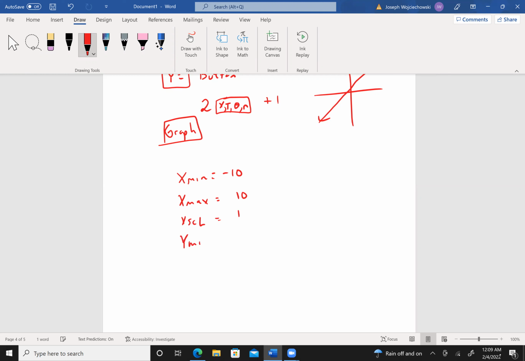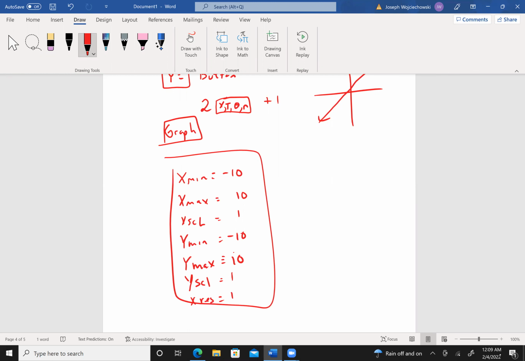Y min negative 10, Y max 10, Y scale equals 1, and it has a Y resolution too, but I've never used that. That's what you should have when you hit window, unless otherwise told.